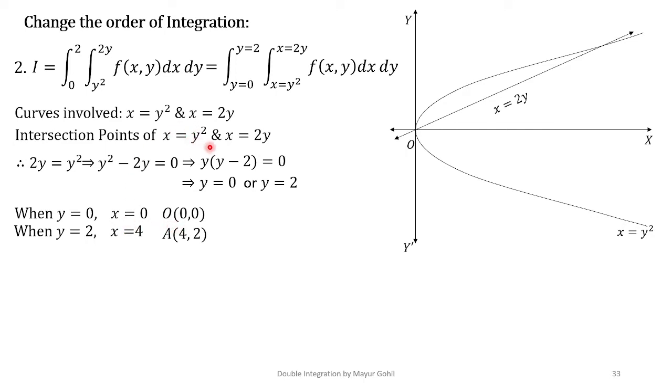Substitute in the equation, you will get it. You can put it in x equals 2y. It's straightforward, you will get that. Okay, now let us plot those points. So those points are going to be over here. So on the y-axis you can see that it is 2, and on the x-axis it's going to be 4. So this is the point A, 4 comma 2.